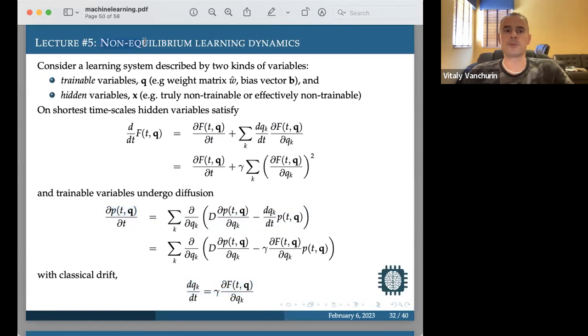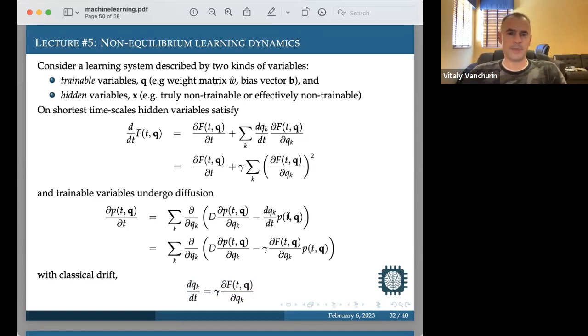We are looking to see how this probability distribution changes with time. In the equilibrium, this derivative would be zero. It would stop changing with time, and then we would have a solution. What would the probability distribution look like in the equilibrium? But here it's a non-equilibrium, so we are really trying to see the process of approaching there.